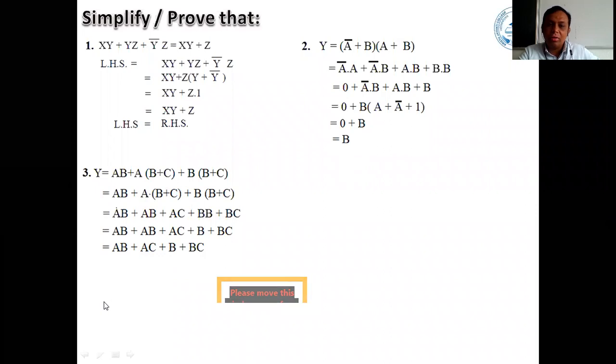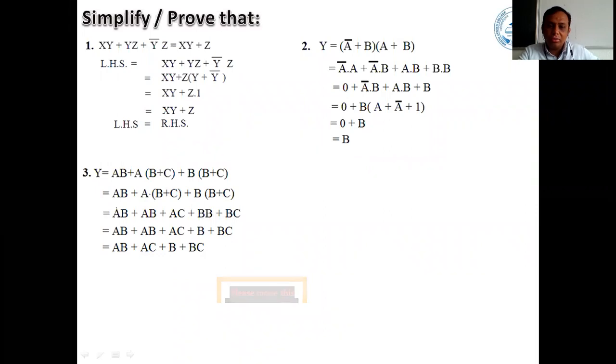Now look at that. Think about how you are going to simplify this. When we try to take any common term, after taking the common term it should lead to further simplification. For example, in this case, if I take A common, I'll get only B plus C, and B plus C will not leave me any further simplification.